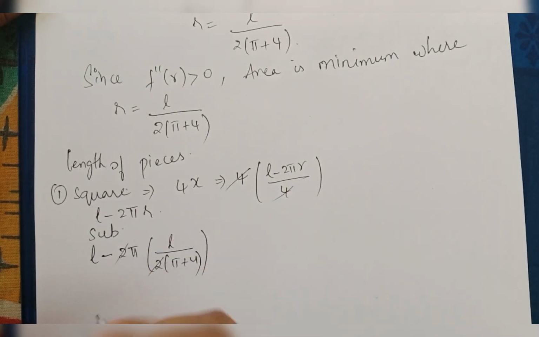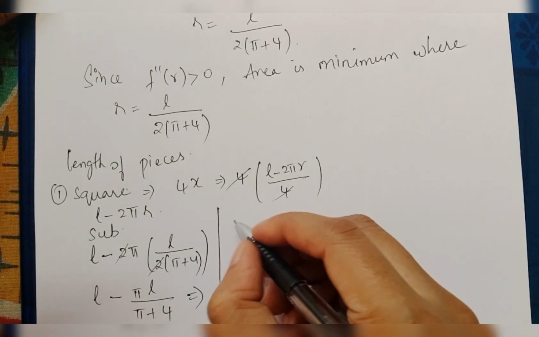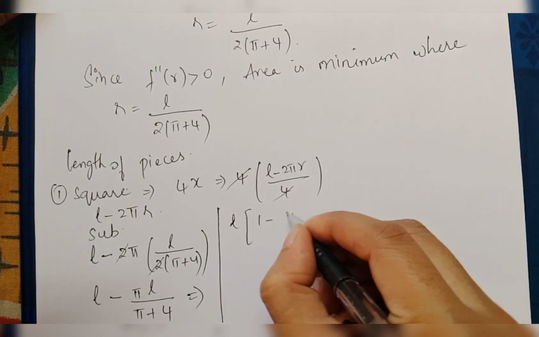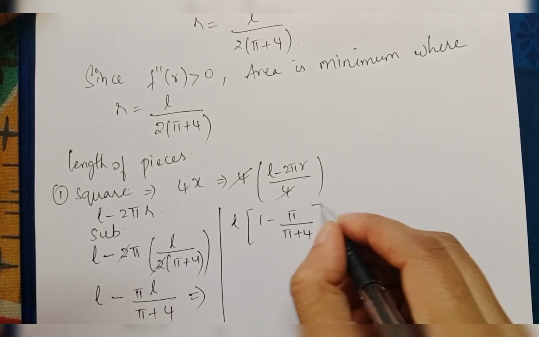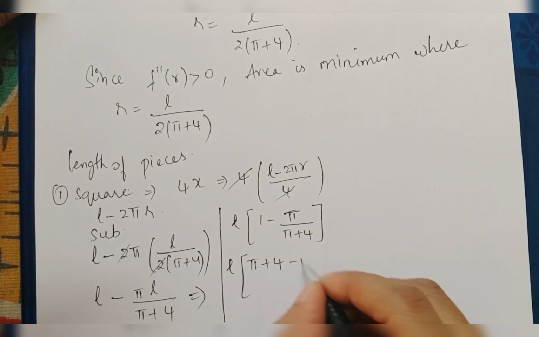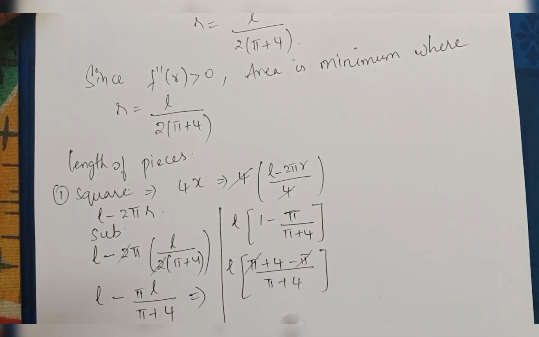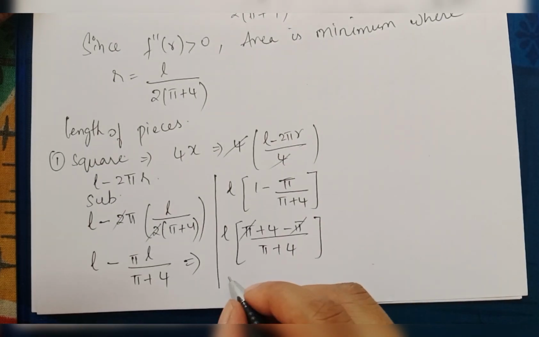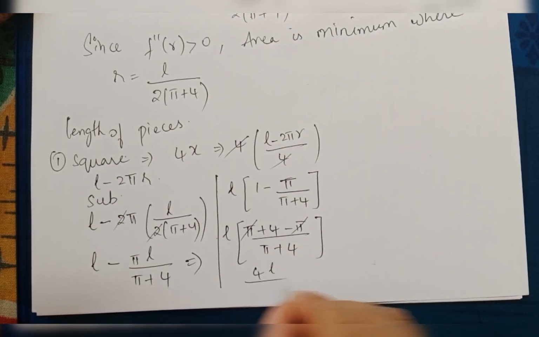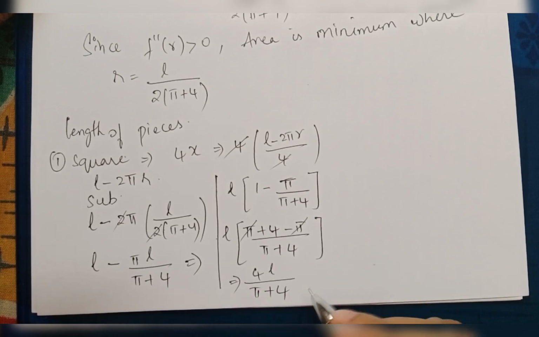Here the 2 gets cancelled, so it is L minus pi L by (pi plus 4). Taking L common, we get 1 minus pi by (pi plus 4), which on taking the LCM is (pi plus 4 minus pi) by (pi plus 4). Here positive and negative pi get cancelled, so we'll be left with 4L by (pi plus 4). This is the length of the piece for the square.